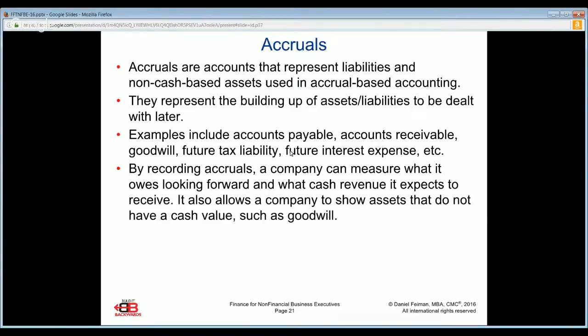That's what an accrual is. You will also see it under a variety of other situations. It basically means we are building up, adding up an obligation to be satisfied at a later period.